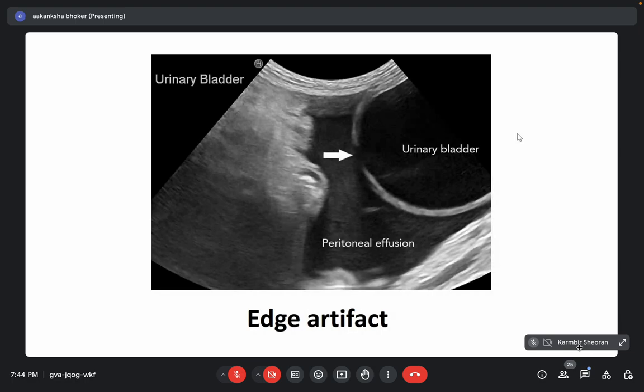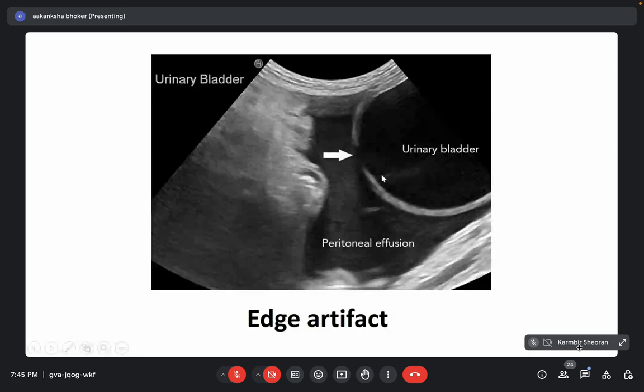Uroabdomen. Okay. Anything else? Bladder rupture. Bladder rupture, yeah, very right.